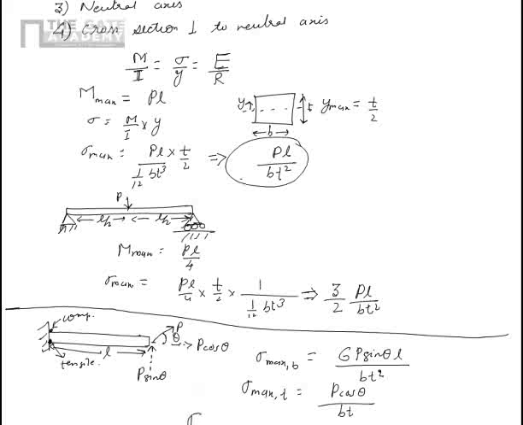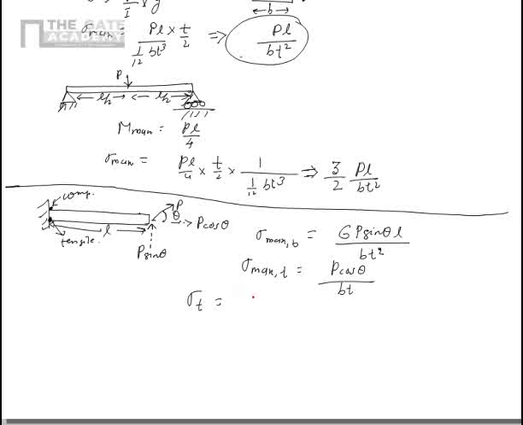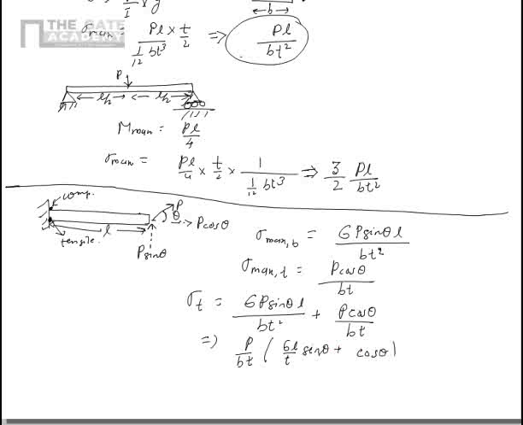So the total stress is equal to 6P sine theta L upon Bt square plus P cos theta upon Bt. I can take P upon Bt as common. So that leaves me with 6L by t sine theta plus cos theta.